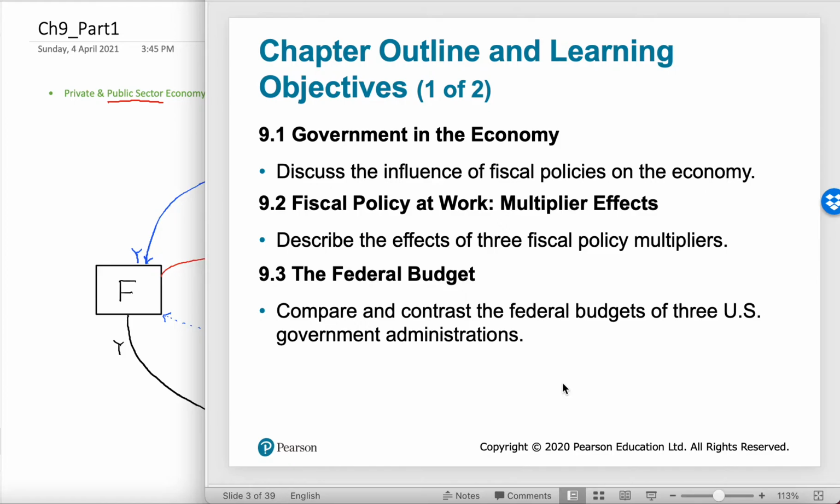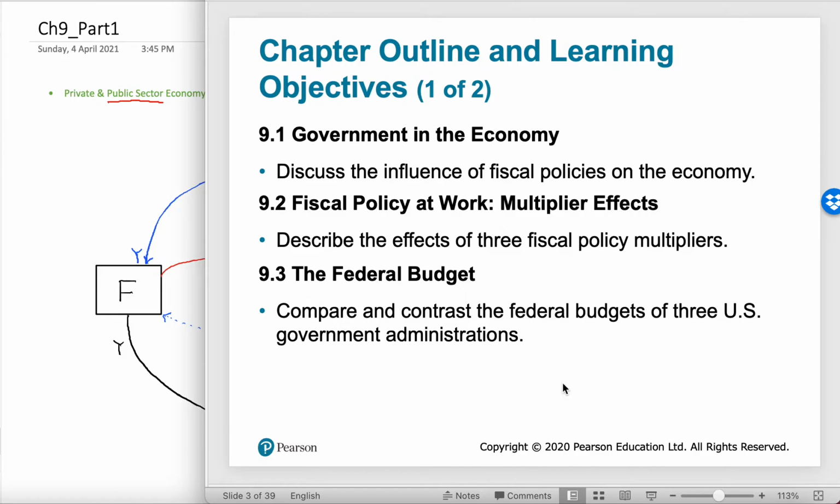What would be the role of government in the economy? We discussed the influence of fiscal policies on the economy, as I just explained in part 5 of chapter 8, the summary of the Keynesian model in a private sector only.